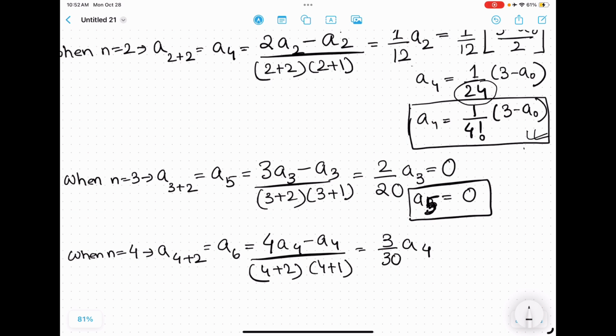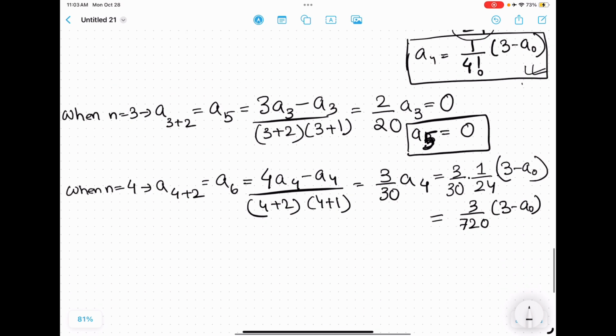So let's just plug in that value over here. So I have 4 by 30 times 1 by 24 times 3a sub 0. And then if you multiply 30 by 24, I get 720. Then 3 minus a sub 0.